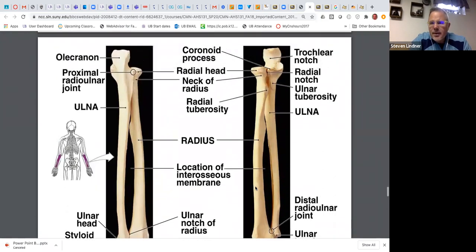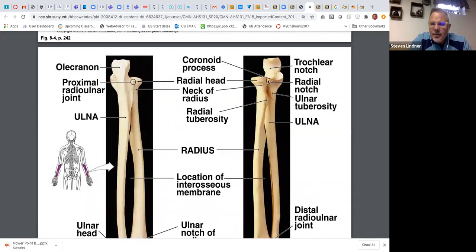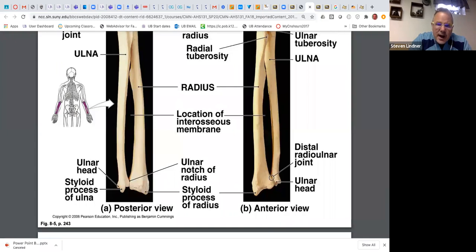Okay, remember up here, I pointed out the radial notch that's on the proximal ulna. Well, there is an ulnar notch that is on the distal end of the radius. It just allows the radius and ulna to articulate and form a joint with one another.